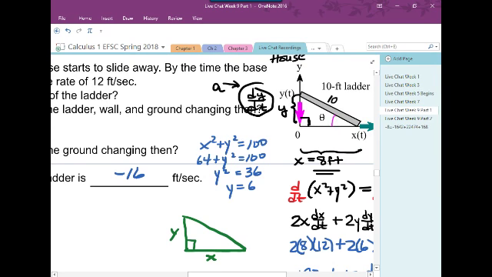They have marked an angle theta here. Okay, so we want to find d theta dt, the rate of change of the angle theta. And the information that we have is all in terms of x and y, which are the sides of the right triangle.